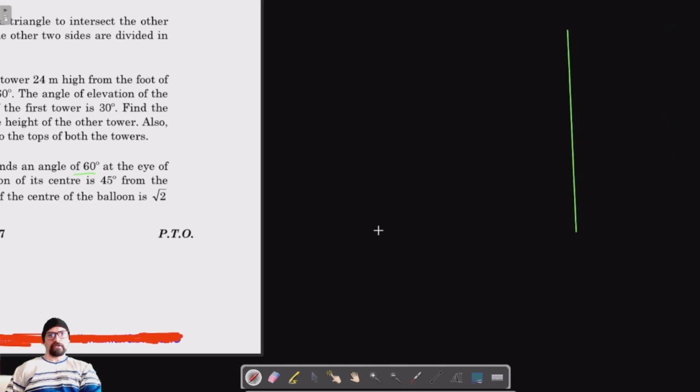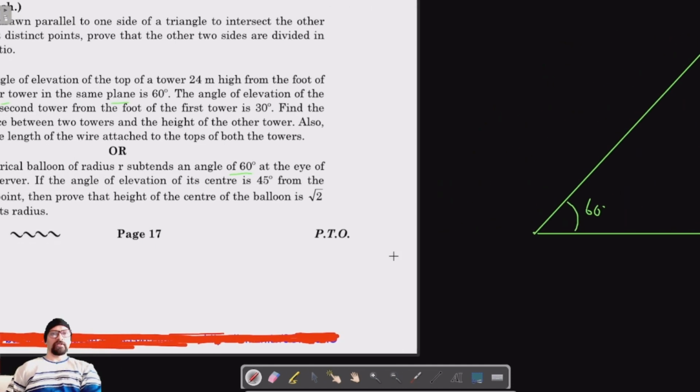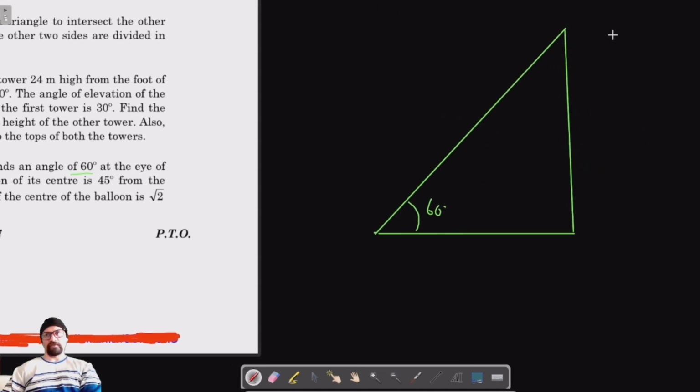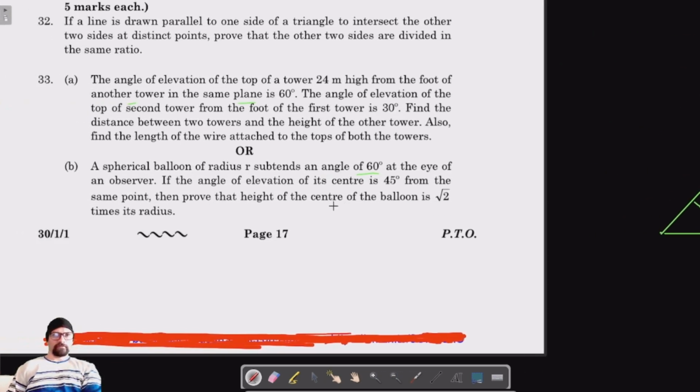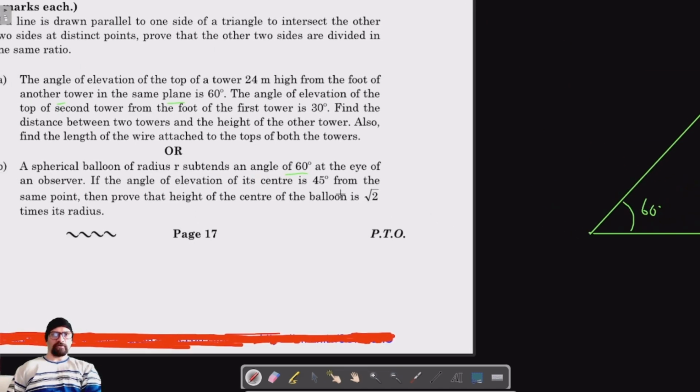So let's say here is another tower, and from here the angle of elevation to its top is 60 degrees. So this is the height of the tower. Height of the tower is 24 meters. Now there's another tower in the same plane.